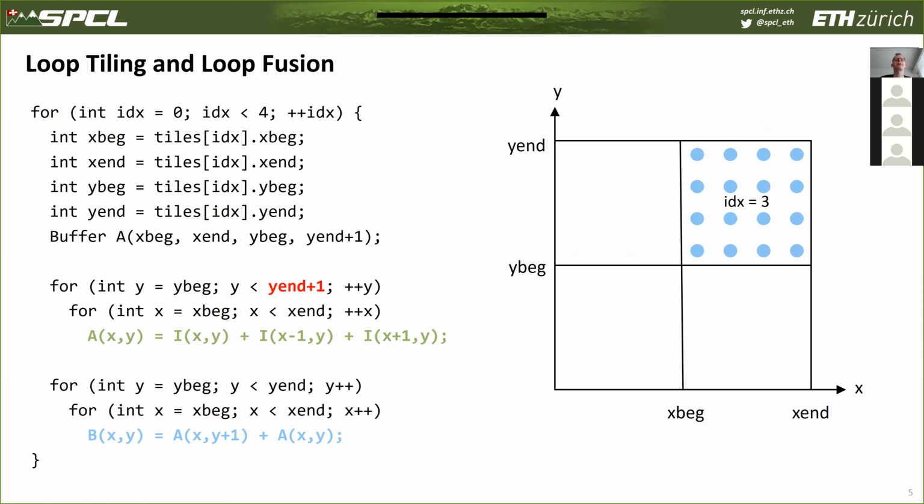And what this does is that we only read the I stencil 1, assuming this tile fits the cache. A is completely in cache, and we store B. So we reduce the main memory traffic considerably.